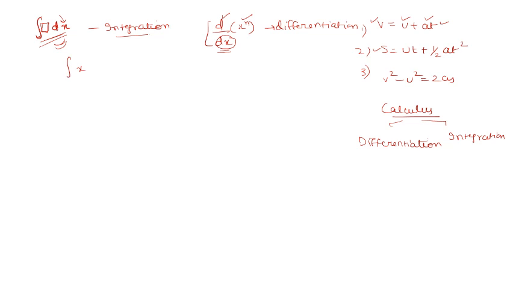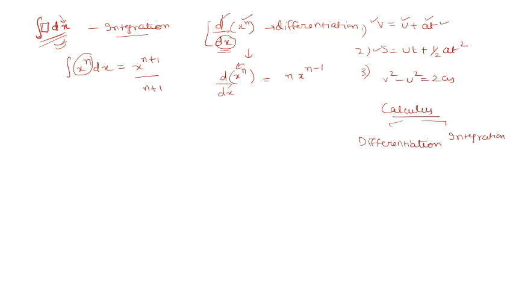So if you have to find out the integration of x raised to power n, then the formula would be you have to increase 1 in the power and divide by the same power. Whereas if you have to differentiate x raised to power n with respect to x, then you have to bring the power in the form of a coefficient, and you have to reduce one from the exponent.